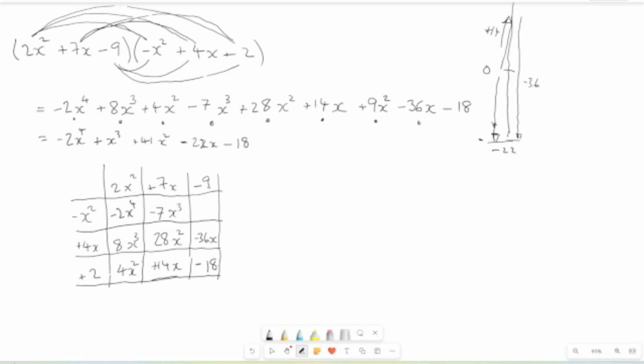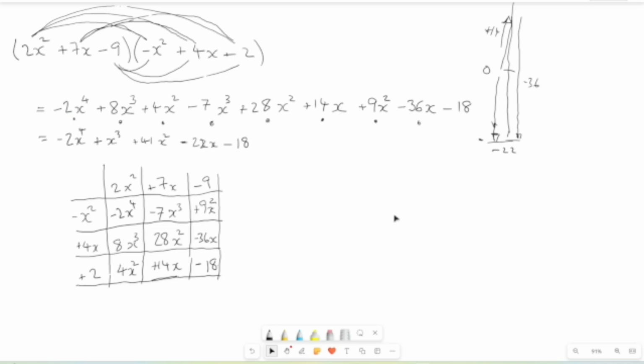And the last cell is minus 9 times minus x squared, which gives plus 9x squared. And if we compare what we've got in these 9 terms in the cells, we can see that we've got exactly the same terms as we had before up here.